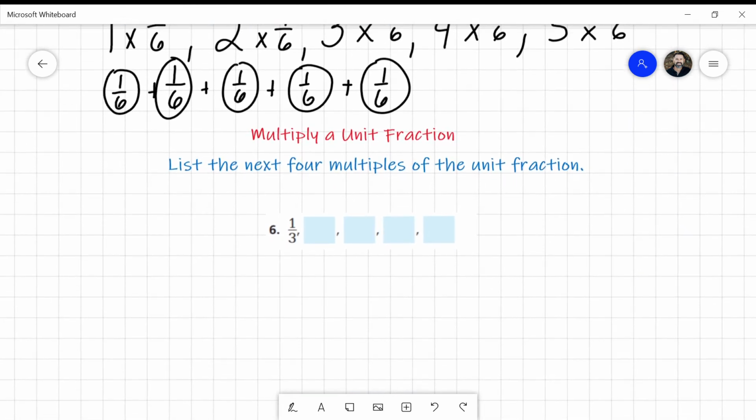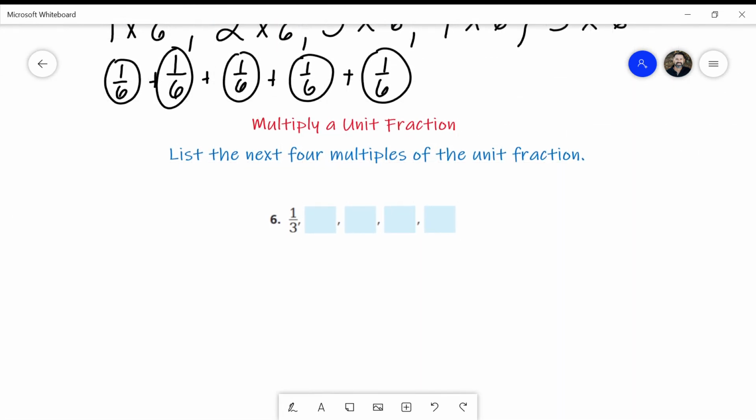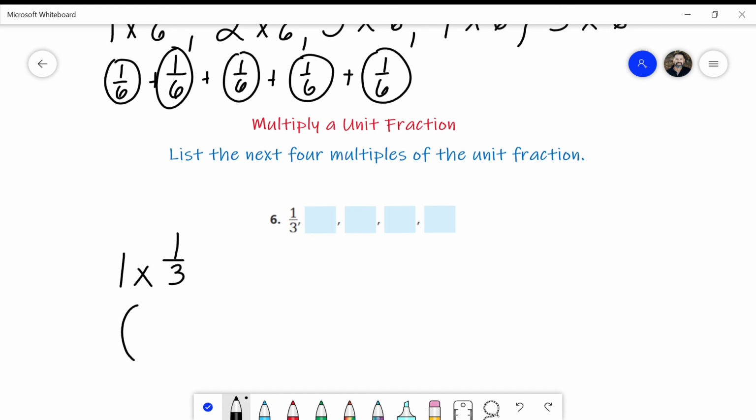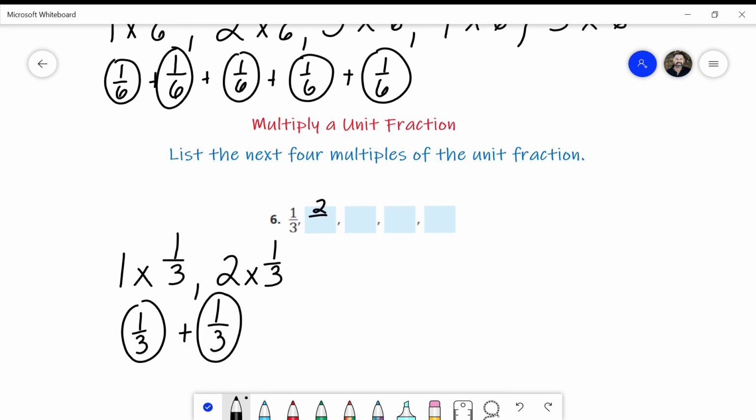So let's do one more. We're going to now list the next 4 multiples of 1/3. So right now, since I have 1/3, I have 1 times 1/3. I have 1 group with 1/3 in it. But if I want to make another group, so that's 2 times 1/3. So that's 1/3 plus 1/3. 2 groups is 2/3. If I do 3 times 1/3, then that's 3 groups of 1/3, which then gets me to 3/3.